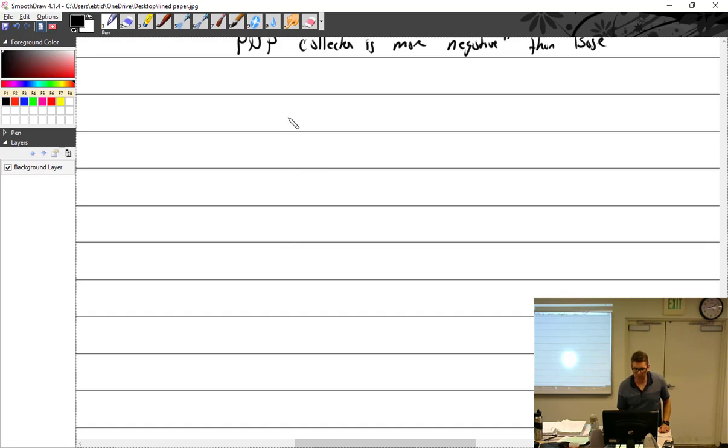So we want to do one with an NPN, right? Not pointed in. So we got pointed out. So there we go. We got the emitter, the collector, the base down here. And so let's see.